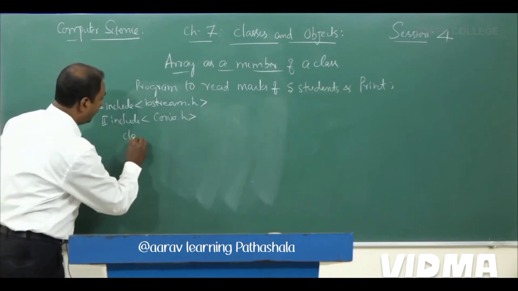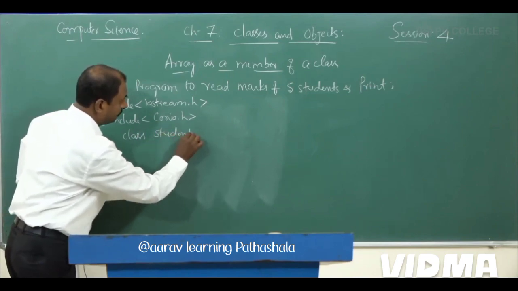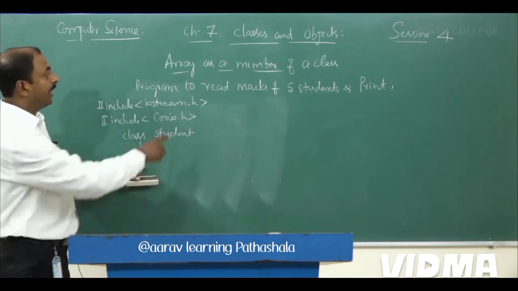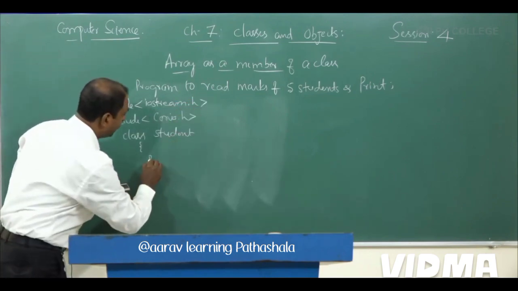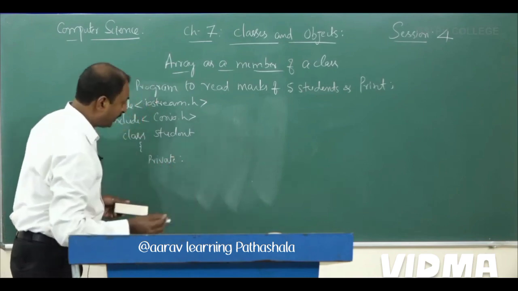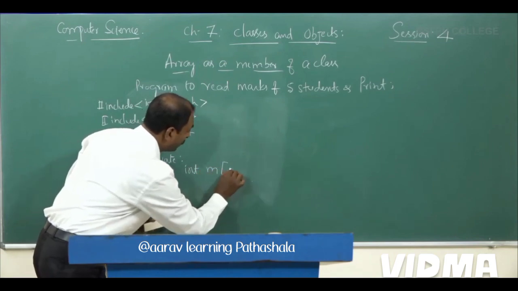Class student is the name of the class. Under this, we have to define an array, isn't it? So under the private access specifier, let us declare an array int m of 5.